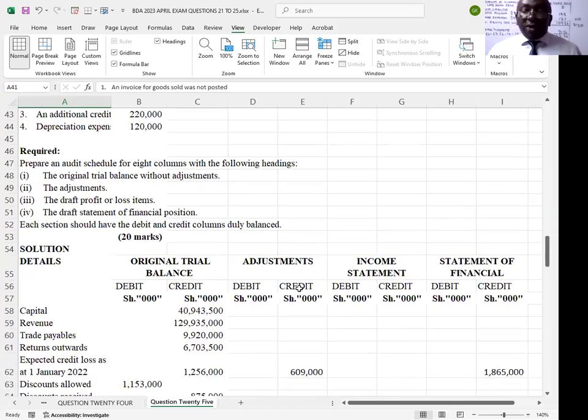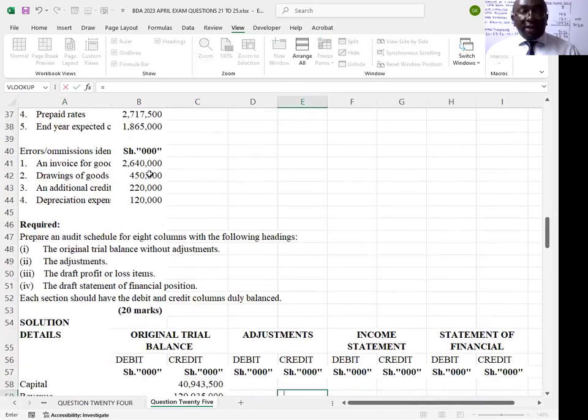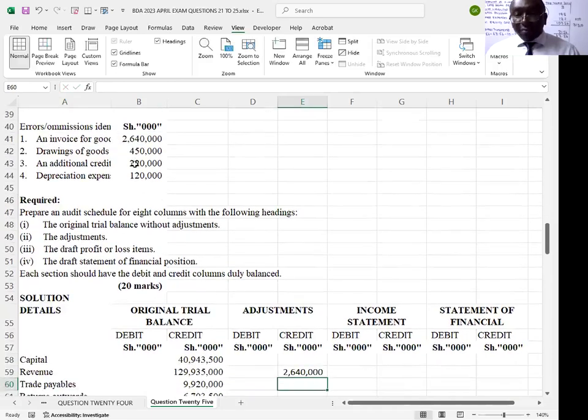So let's go to where our sales are, these ones. So sales being credit, if you want to increase them, you credit. So I will start by crediting here. I credit by this amount.